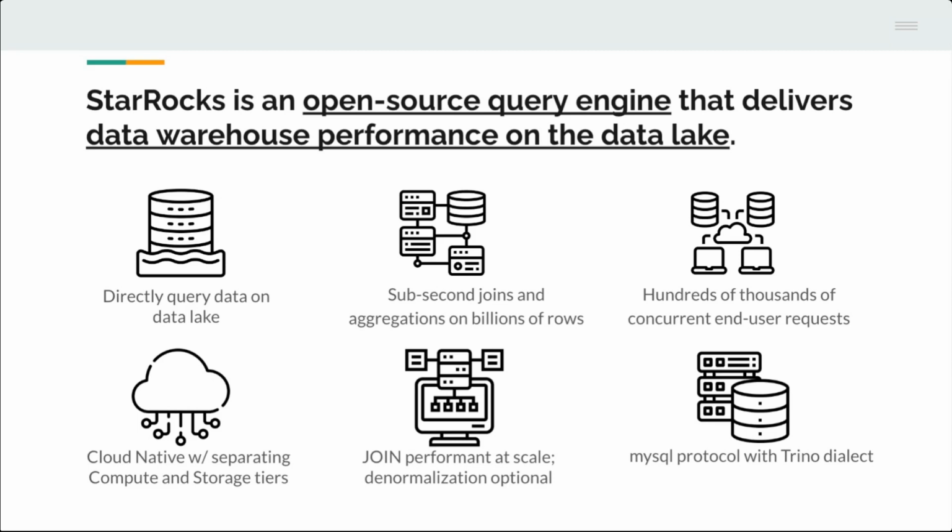A third big thing that people like is being able to handle concurrent end user requests. A lot of the OLAP systems in the marketplace will say they don't want to do user-facing or real-time analytics against their system if you have a lot of concurrent users.